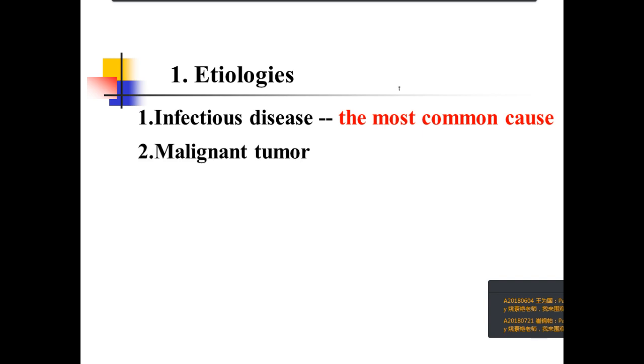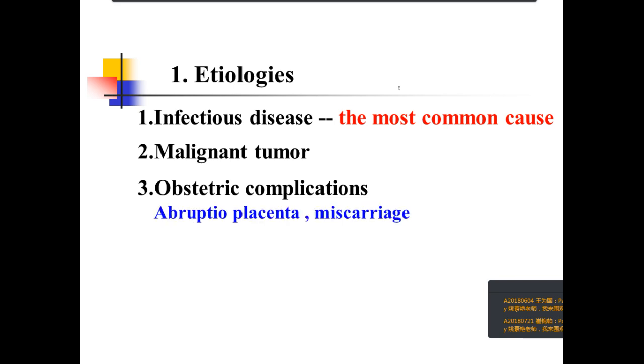Malignant tumor: necrosis can release tissue factor, so it stimulates the extrinsic coagulation pathway. The third, obstetric complication can lead to tissue factor moving into the blood, so it stimulates the extrinsic coagulation pathway.